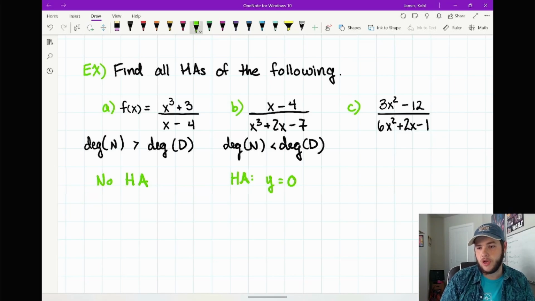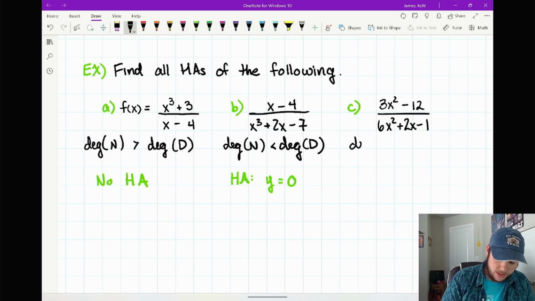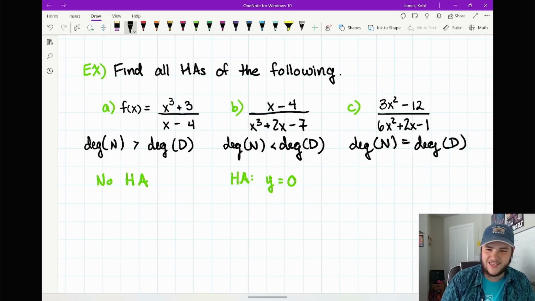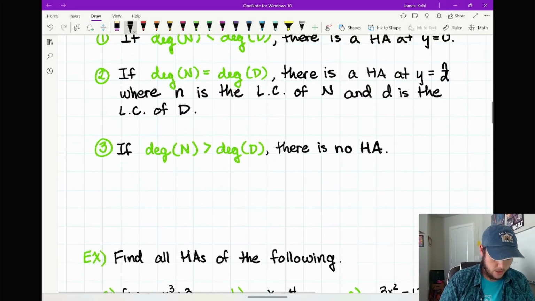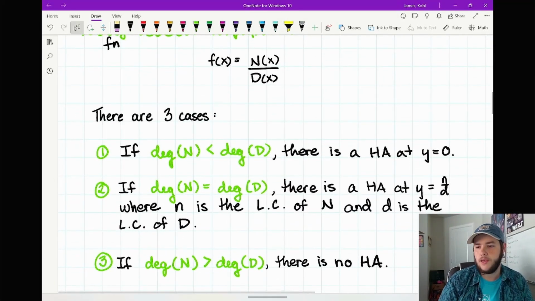Last but not least, let's try part C. Notice in part C, both the numerator and denominator are degree 2. So here, the degrees match. And this is kind of the tricky case. According to my set of rules, this is case 2. So I need to take the ratio of leading coefficients.